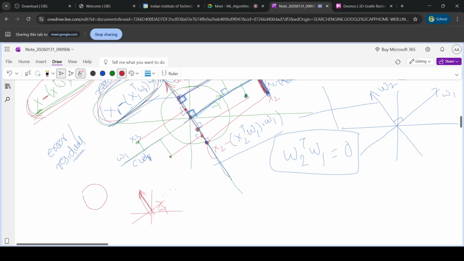If there is a human face, maybe this way I can represent the eyes properly, but he has his hand like this. Okay, he has his hand, and I need to draw something like this. I need to also get the information from this line. So for that reason I need another w2. This way w1 helps me get the information of this line, but this way I will get information about w2, about the hand.